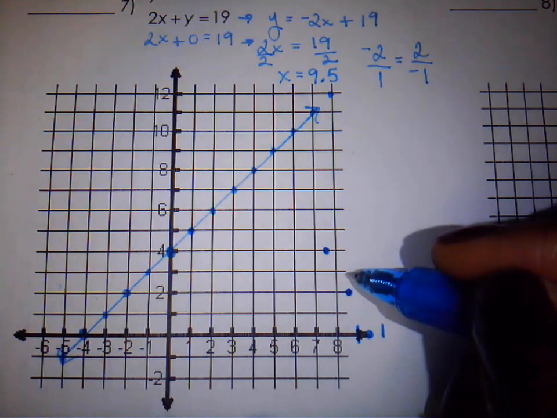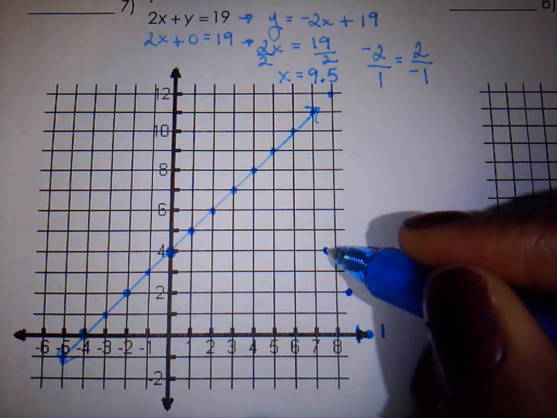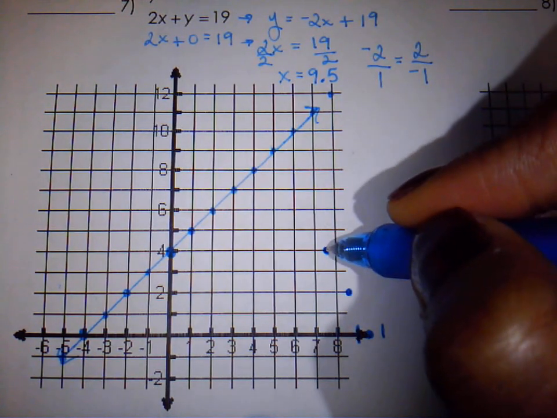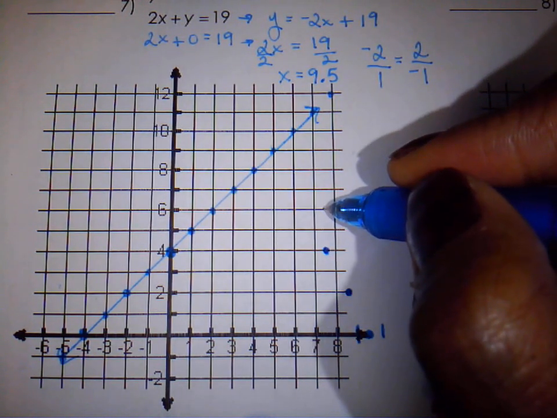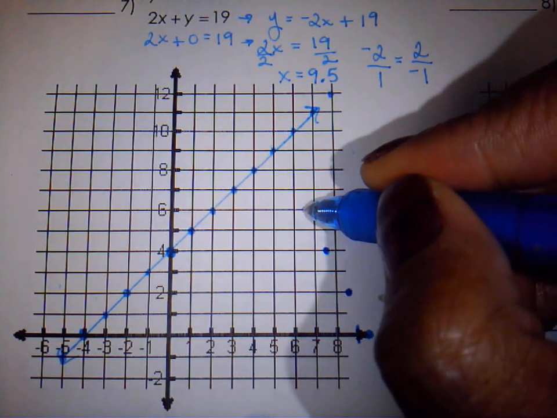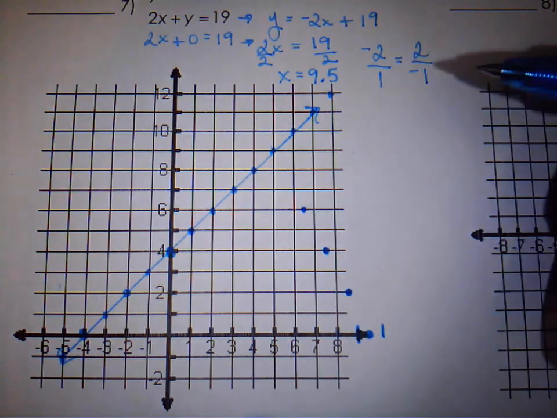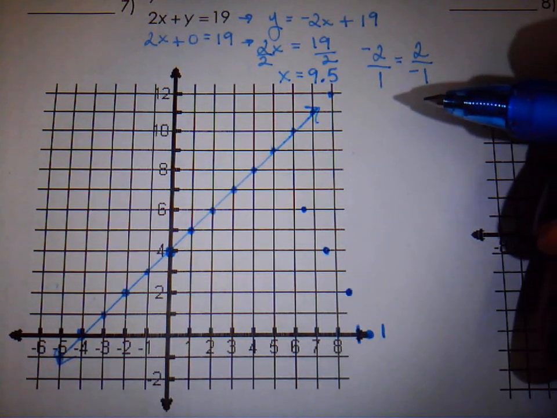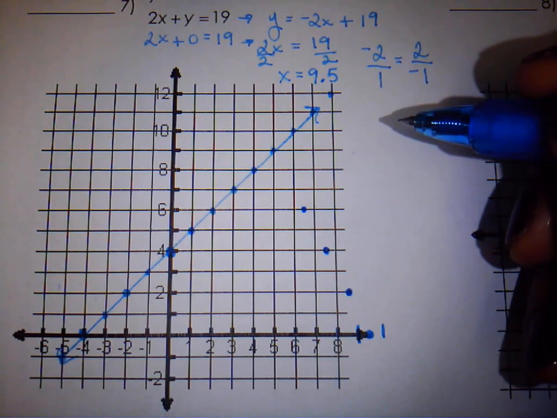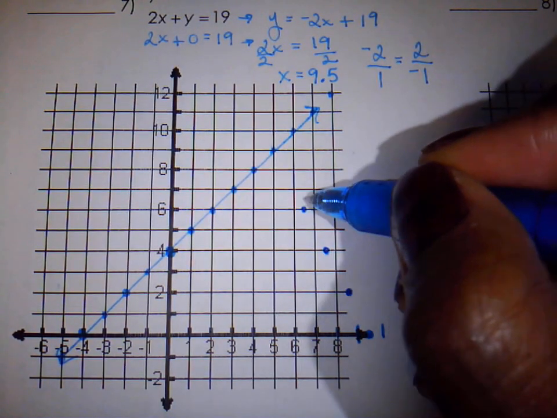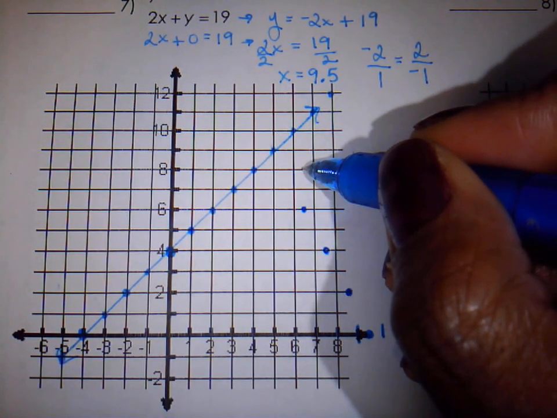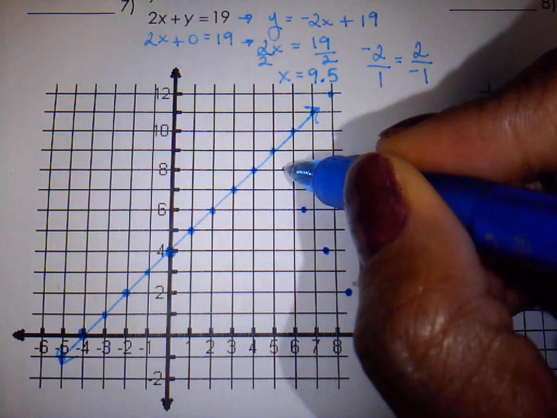I'm going to do it again. Up 2/1. Repeat the process. Up 2/1. Is your dot in between like mine? If it's not, you're doing it wrong. Up 2/1.